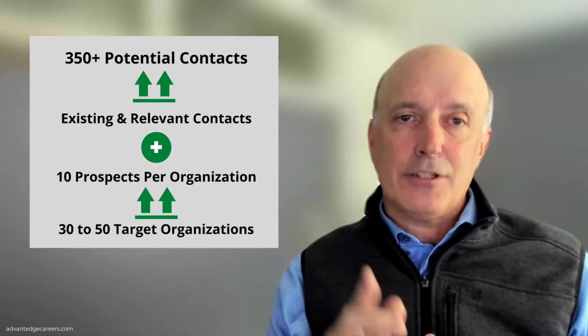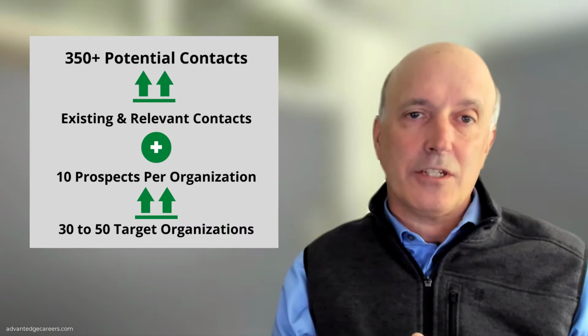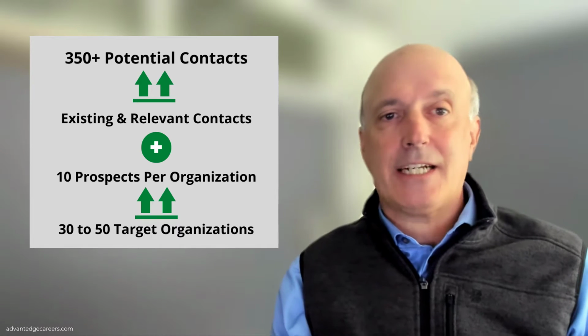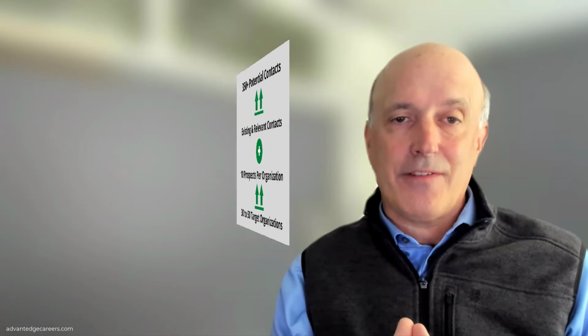Break it down into two components. First, up to 10 potential contacts from researching each of your target organizations. Then, number two, add in relevant connections from your existing network. And there you have it, the top layer of your funnel. But where do you go to find these 300 to 450 people?